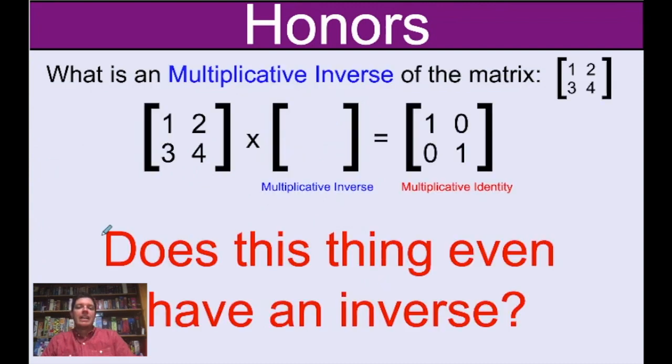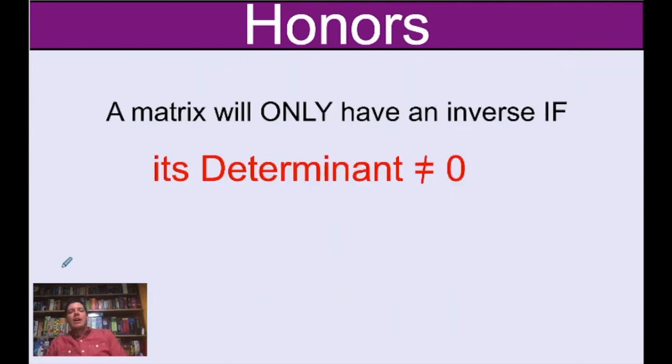Okay? Now, how do you tell if an inverse even exists? We're trying to figure out what is the inverse of the 1, 2, 3, 4 matrix. We know the determinant is negative 2, so what does that tell us? How do I know whether there's an inverse or not? Here's the rule. A matrix will have an inverse if and only if the determinant is not 0.